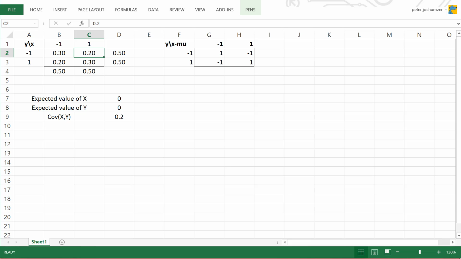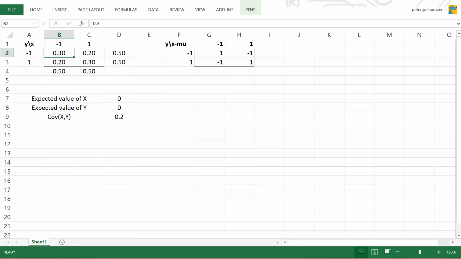And similarly, whenever x tends to be small, y tends to be small because there is a bigger probability that y is minus 1 in that case. So that's also the recipe for creating an example with a negative covariance. All we have to do is to reverse these 0.2 and 0.3 cells.